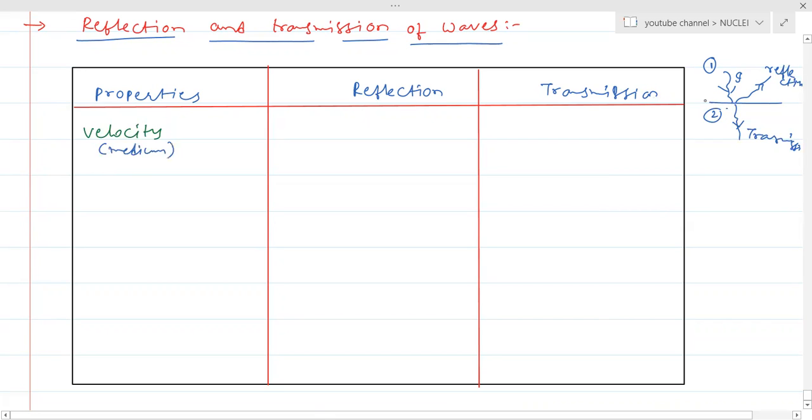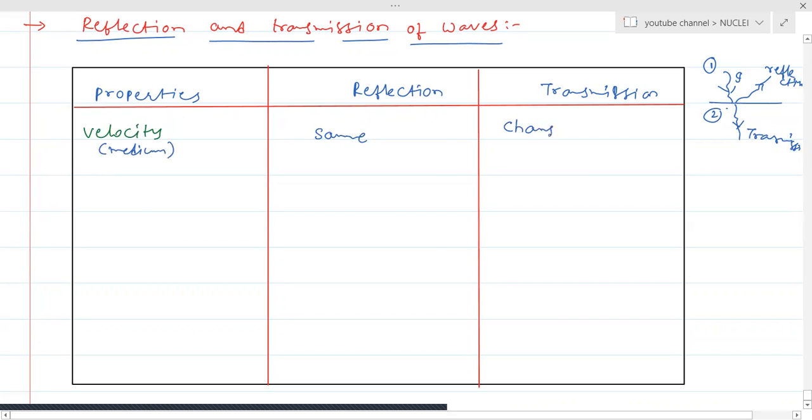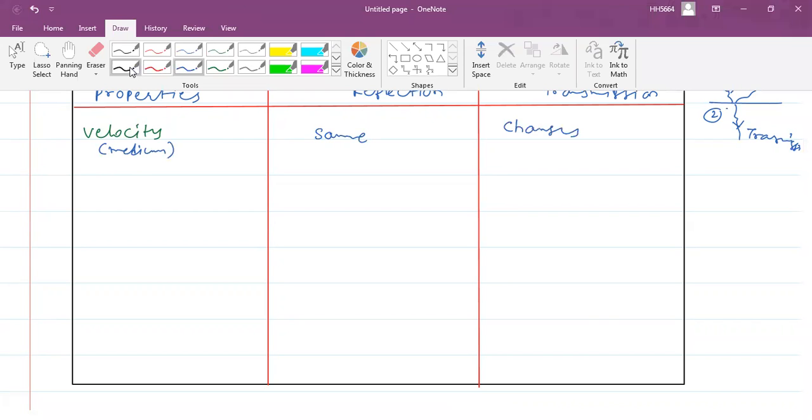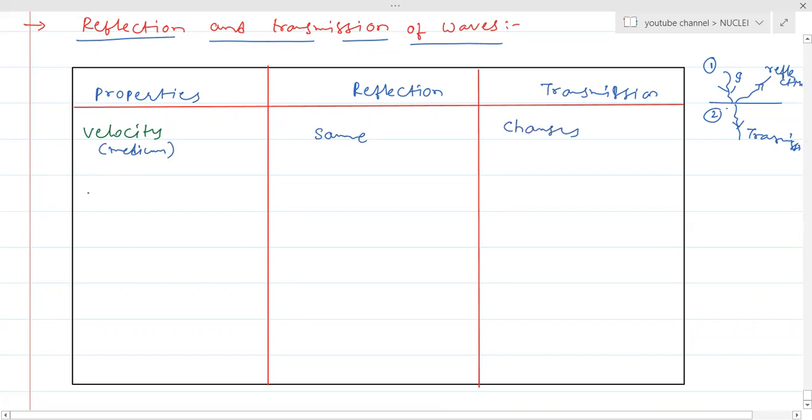In the case of reflection, the wave goes back to the same medium. So here we can write that the velocity remains the same. In the case of transmission, the medium changes, so automatically the velocity changes. In this way, we will understand the discussion here.